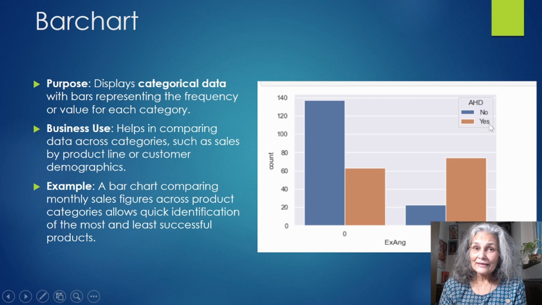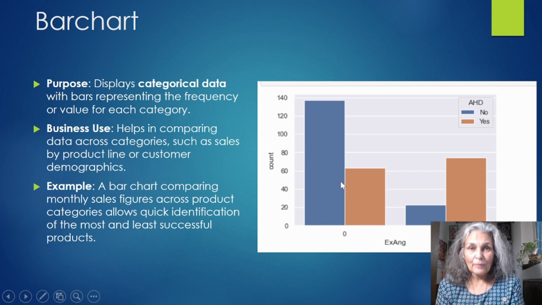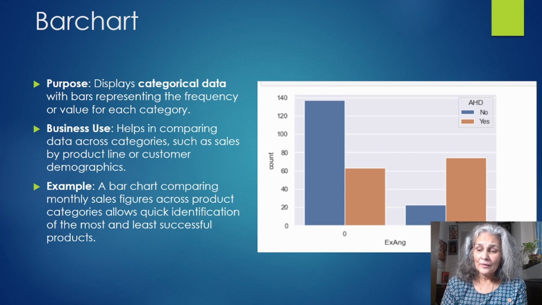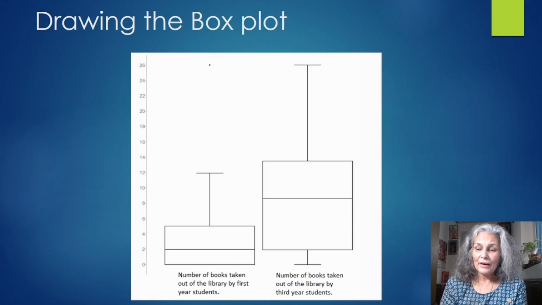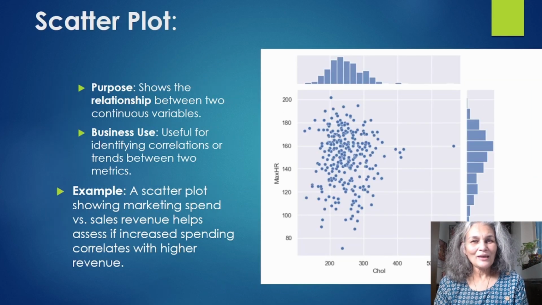Both these categories have to be charted, and the count of each of these is plotted. So this is basically a bar chart and is extremely useful, and you can plot all kinds of categories, and you can also break up the categories by different categories.